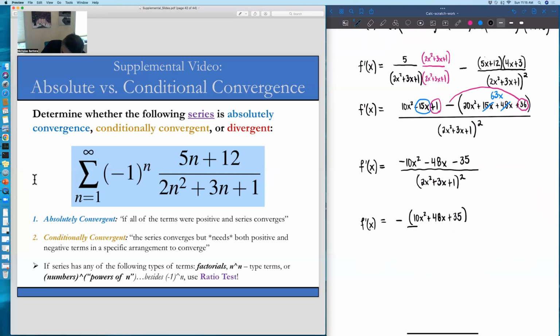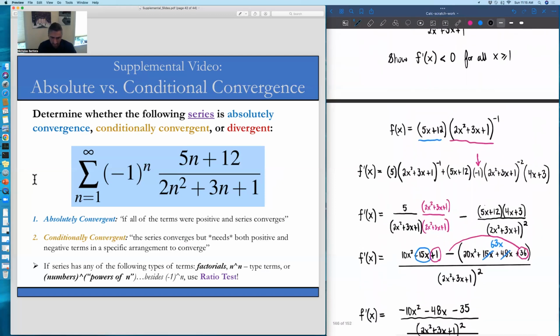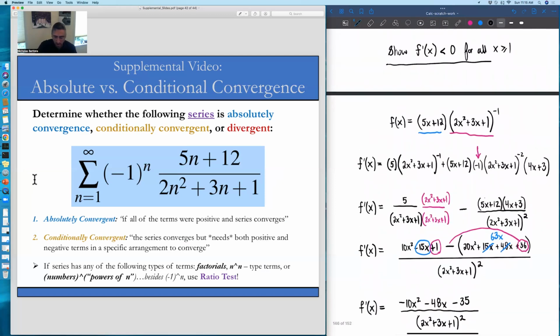In that denominator, we still have the same thing, the 2x squared plus 3x plus 1, squared. And remember, what we want to show is that this derivative is less than 0 for any x values greater than 1. That was what we were trying to show, again, for this thing to be decreasing.